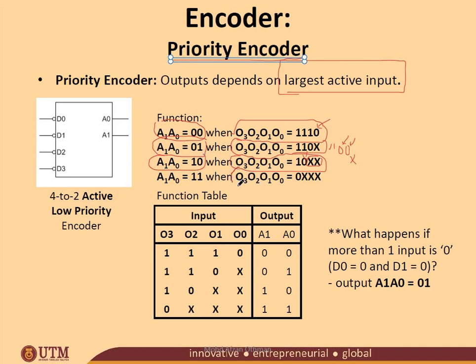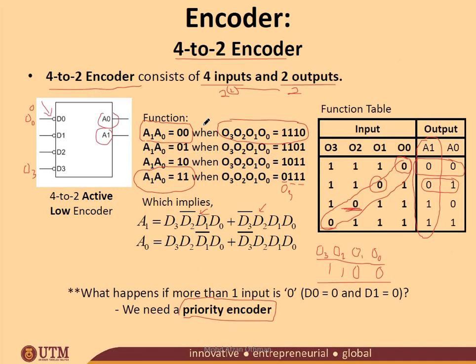Finally, likewise, the fourth combinational inputs, regardless of what combinational inputs you have here, either 0 or 1, if this is set as the main priority, the first priority, it will still output 1, 1.